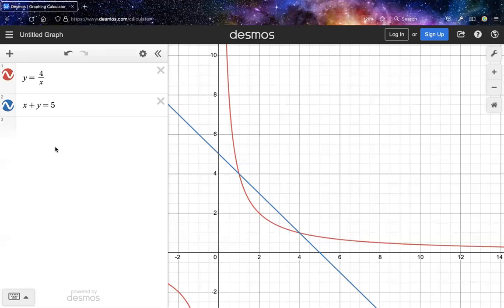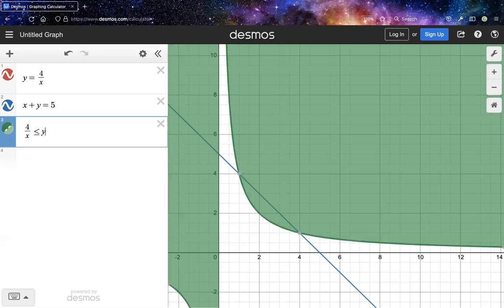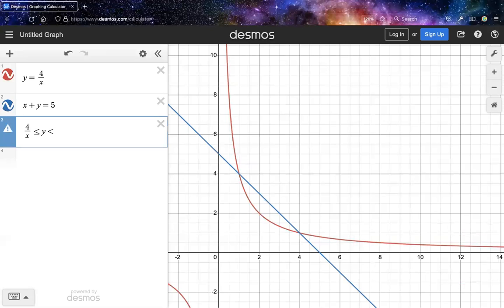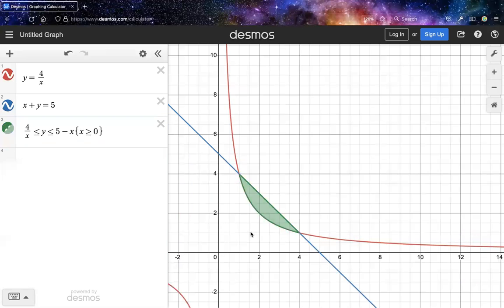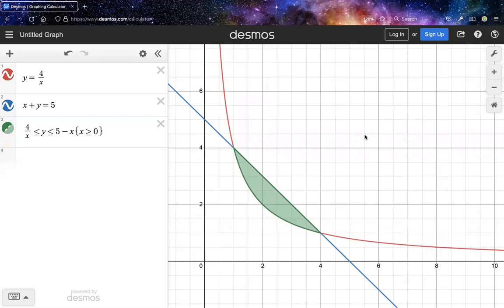So I could probably say 4 over x. Right, so that's this region here between the curves, and you ought to figure out where those points intersect.